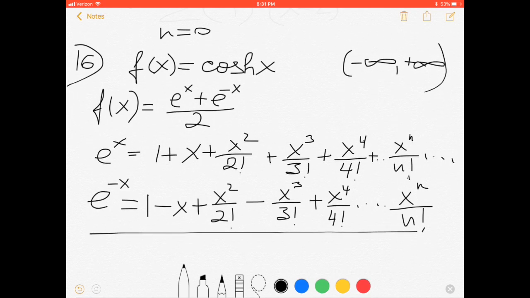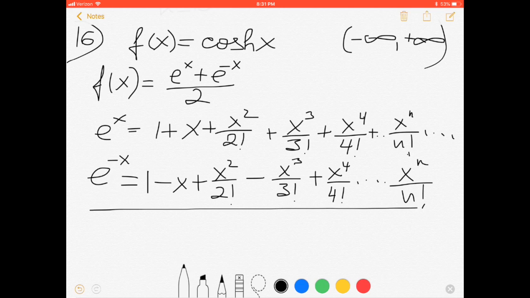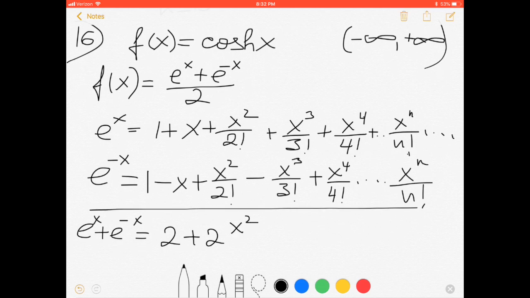If we add these two series, what do you have? You have e to the x plus e to the negative x power, it will be 2 plus twice x squared over 2 factorial plus twice x to the fourth over 4 factorial, and plus all the even terms.